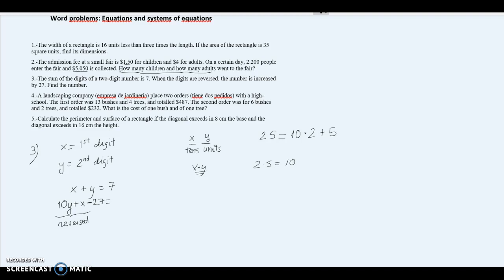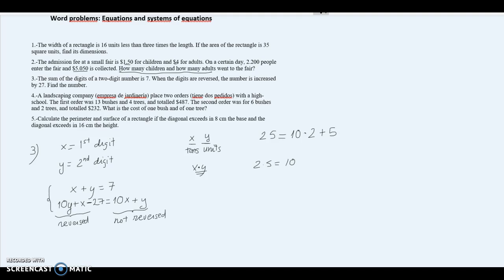So to equalize both sides, we have to subtract, or we have to add on the other side. The other side is the original number, the initial number, so 10x plus y. In this case, the number is not reversed, it is the original.